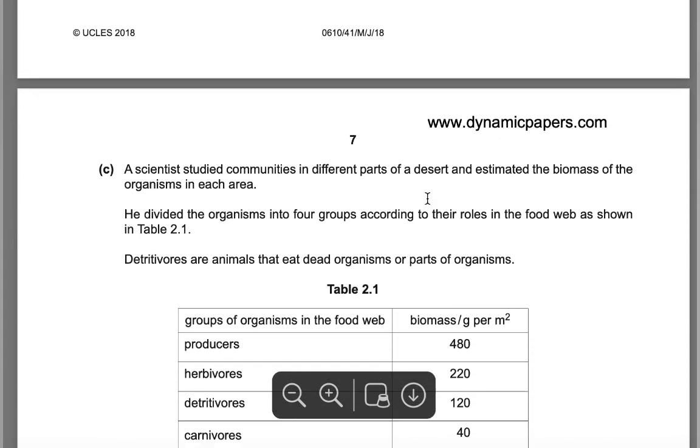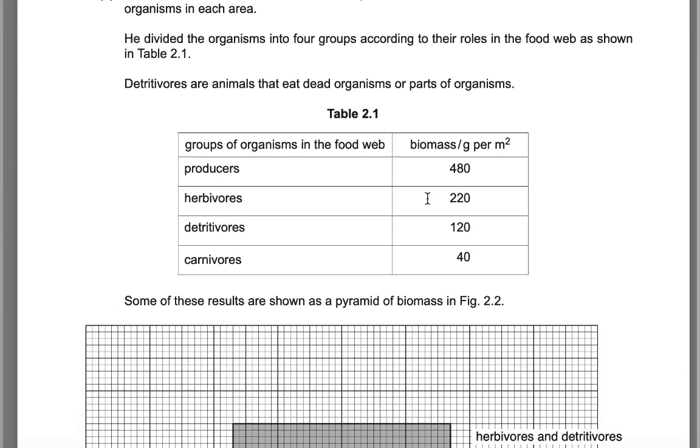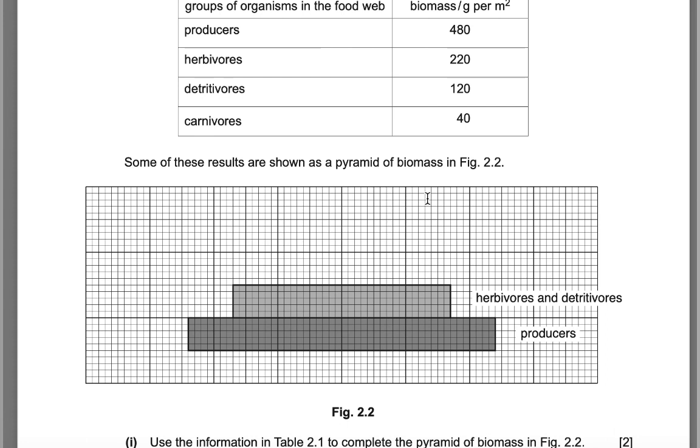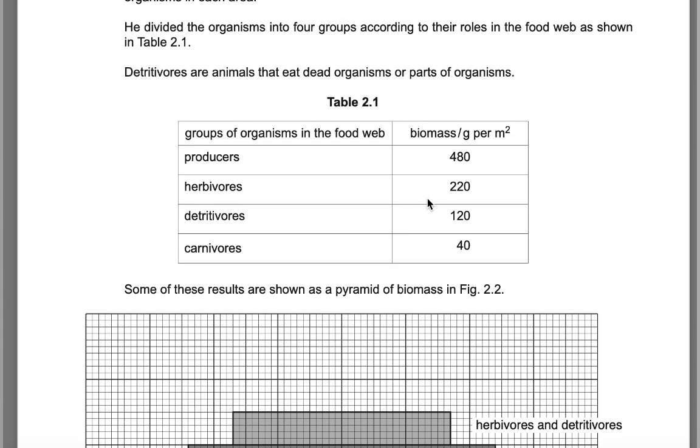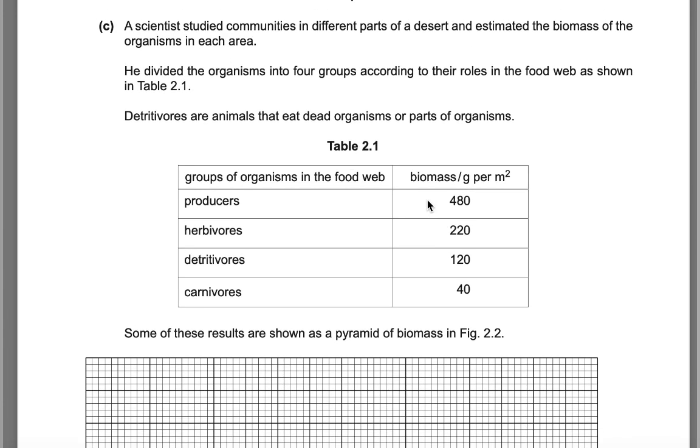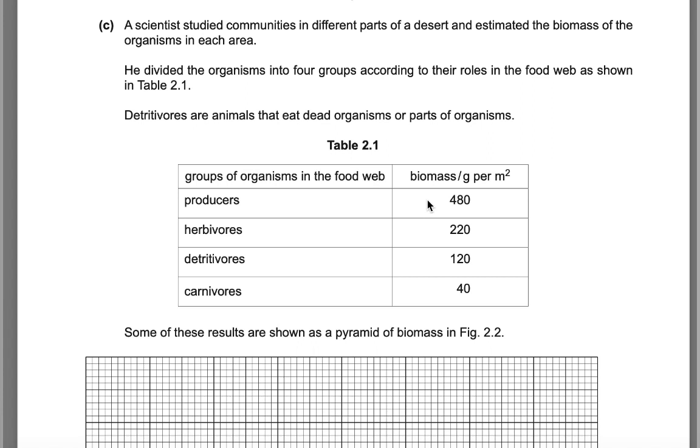We've got 4 marks altogether from here. We'll go to C. Okay, C here. Probably they want us to do this pyramid. Question C is that a scientist studied communities in different parts of a desert and estimated the biomass of the organisms in each area. He divided the organisms into 4 groups according to their roles in the food webs as shown in table 2.1.